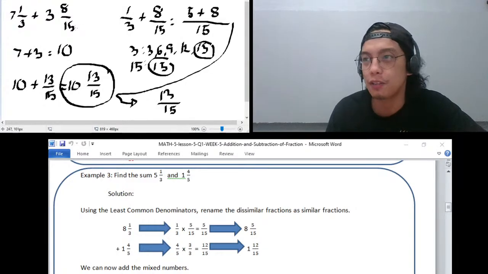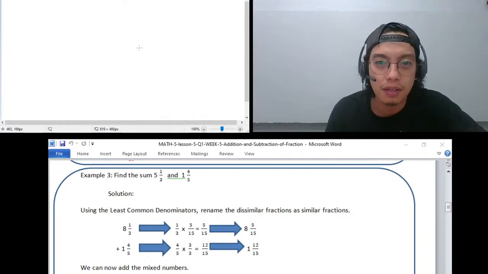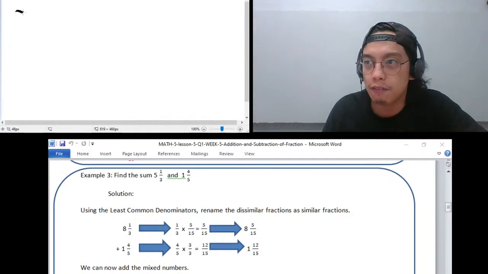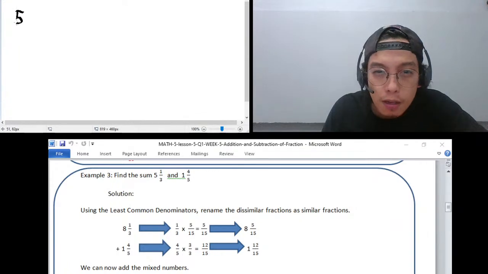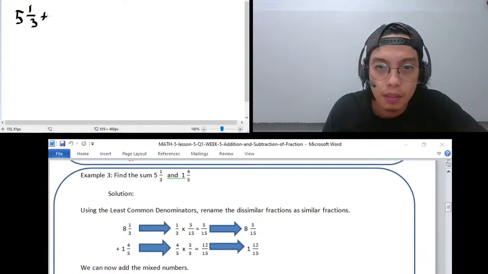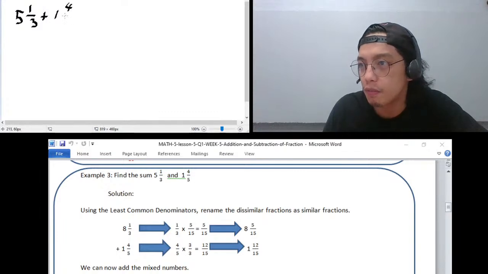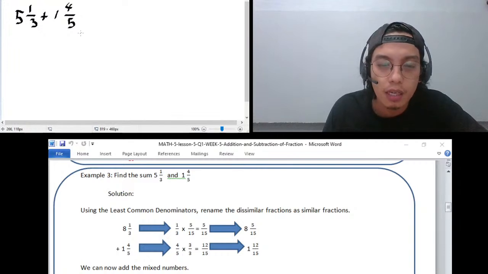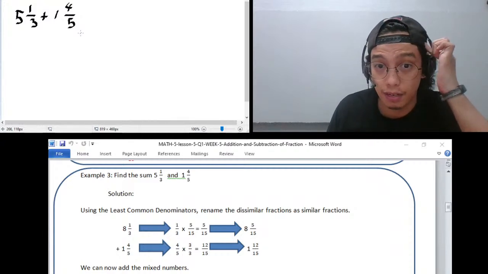Okay, another way of doing this. Now find the sum of 5 and 1/3 plus 1 and 4/5, using the least common denominator, renaming them as similar fractions.